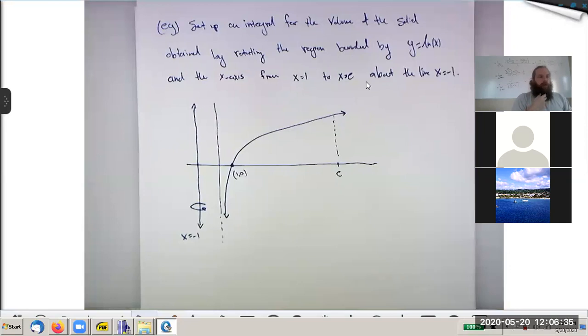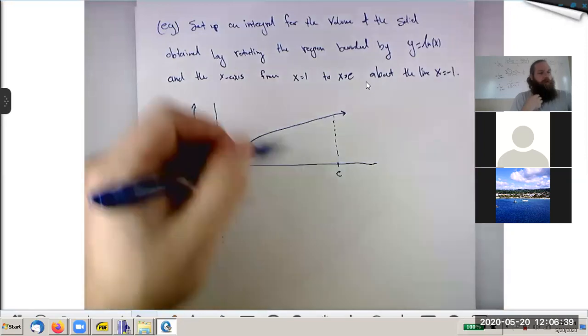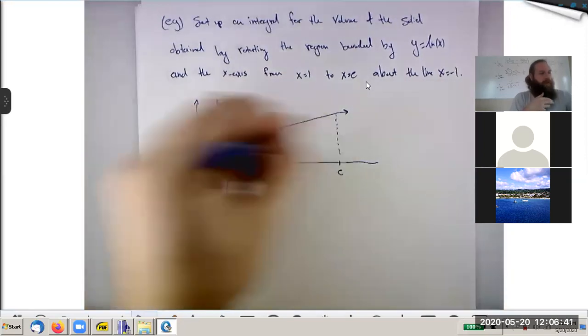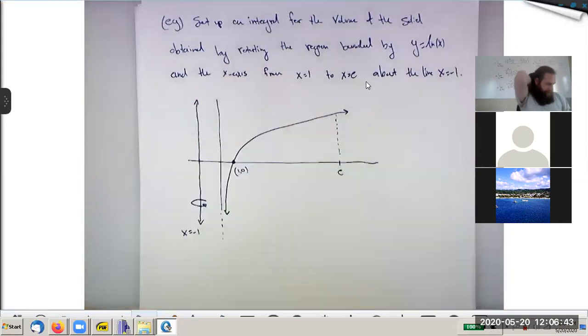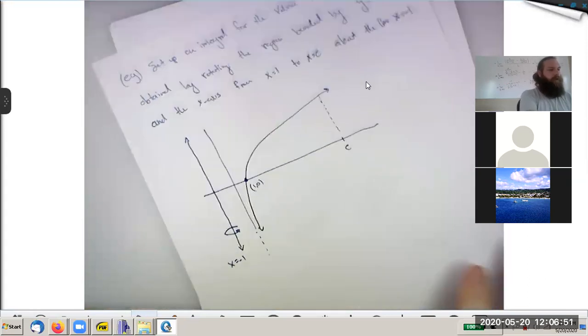If I'm doing this with the disk washer method, is my strip going to be oriented vertically, up and down, or horizontally, left and right? Horizontal. Right, because the strip needs to be perpendicular to the axis of rotation. So let me draw in a little horizontally oriented strip.